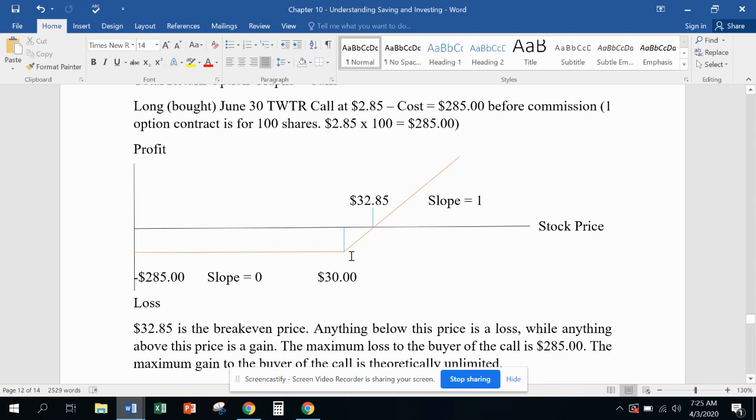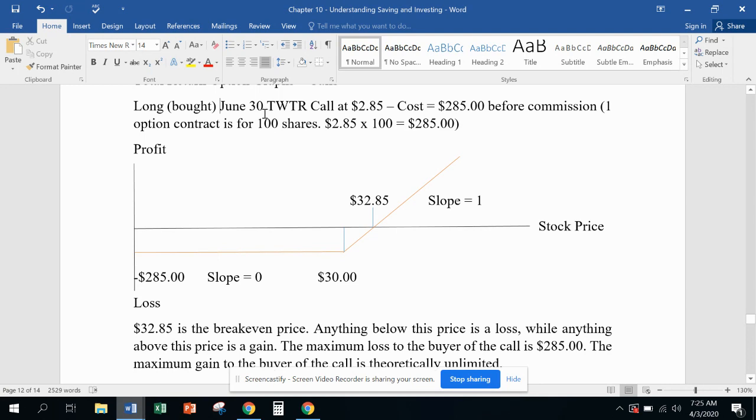Now, that being said, you do lose some money, but not 100% of your premium if the price goes between 30 and 32.85. So let's say hypothetically, the stock goes out in June at 32. Okay. Well, there'd still be some value in this.